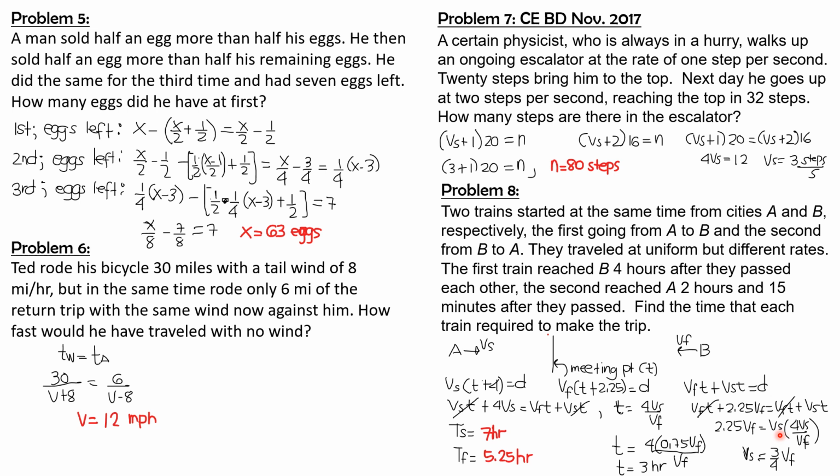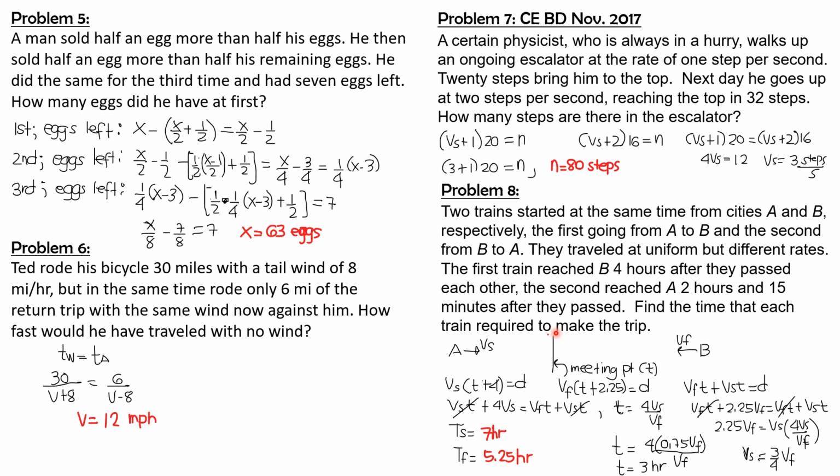So expressing V sub S in terms of V sub F, it is the square root of 2.25 over 4, and that is 3/4 of V sub F. So V sub S is 3/4 of V sub F. Substitute into this equation.